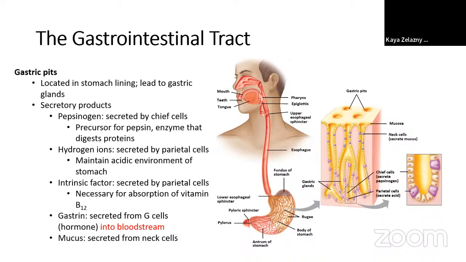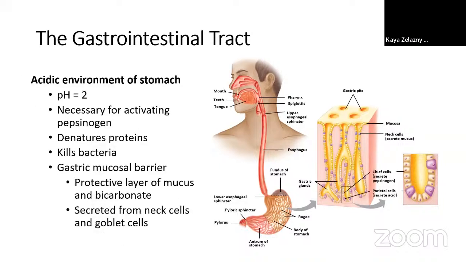We also know that they're secreting mucus from the neck cells, from the top of the pit, to protect the walls of the stomach from that acid that the stomach is secreting. And we also have some hormones secreted from the stomach, particularly gastrin, which is going to be partially controlling our digestive function. That's where we were in our travel through the GI tract.